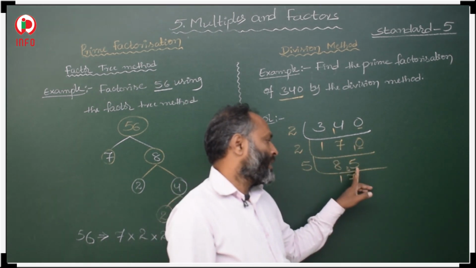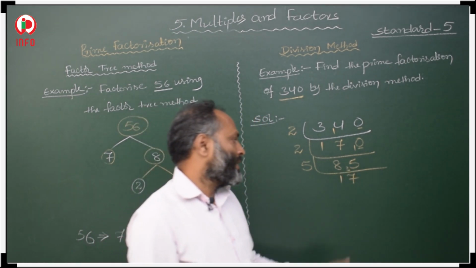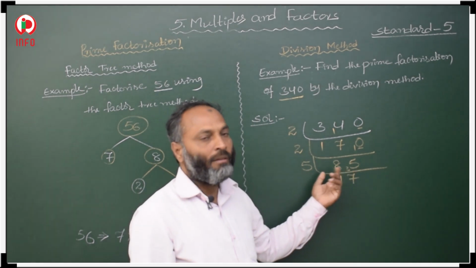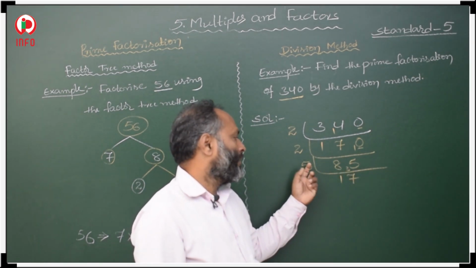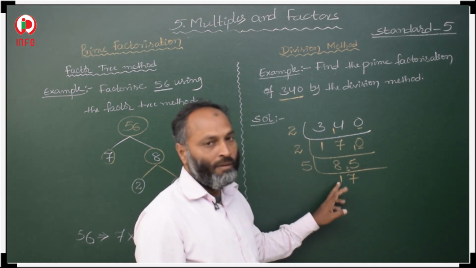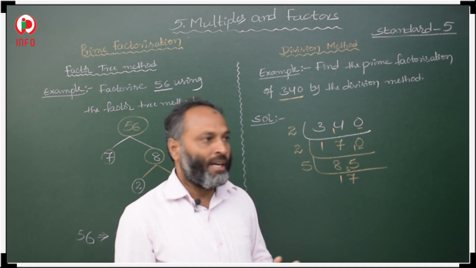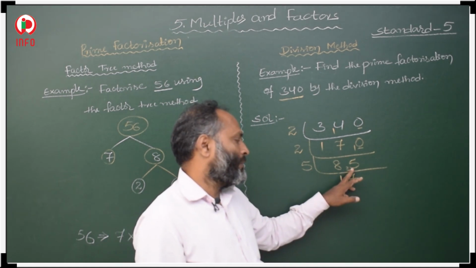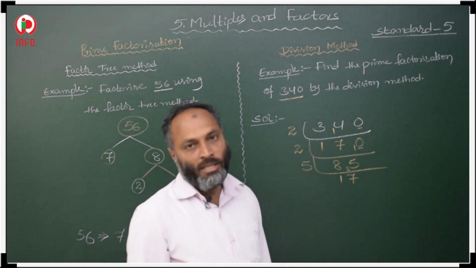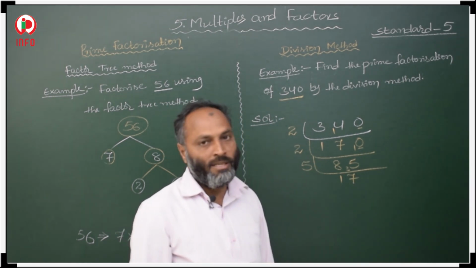Then in the ones place 5 is there, and if 5 is there, then it is divisible by 5. Then take 5. 5 ones are 5, 5 and 8, the difference is 3, so we get 35. 5 sevens are 35.